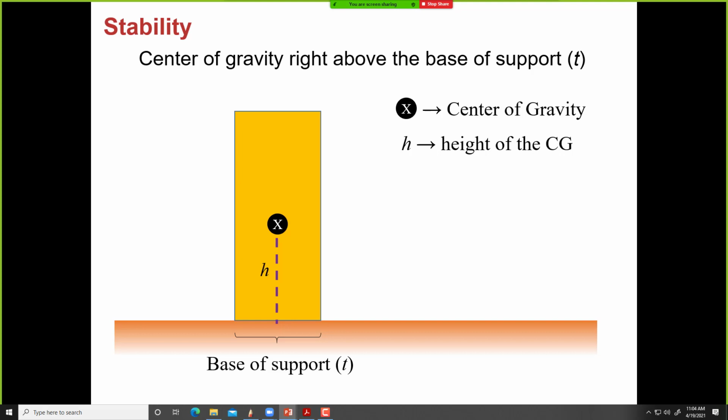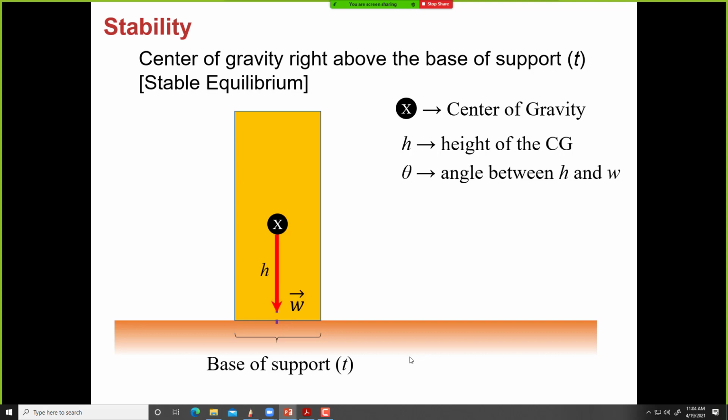Okay, so this is called stable equilibrium. Again, you see here, this weight is along this middle line, and also in this case, the angle between this weight and the height is 0. Okay, because they are along the same line, so theta is 0. And when theta is 0, that's the stable equilibrium.